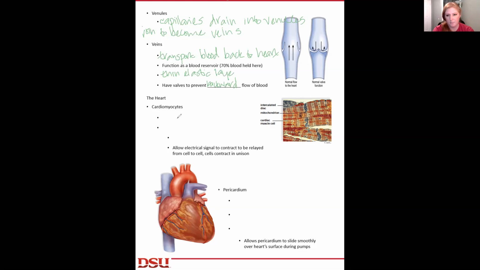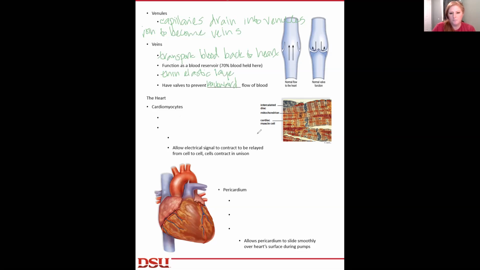Veins are kind of a drainage system, if you think about it. So they're not handling that same rush and force of blood that the arteries do. They're picking this up from the capillaries on its way back to the heart. Okay, so they're not going to have the need for a thick elastic layer like the arteries do. It's very thin.